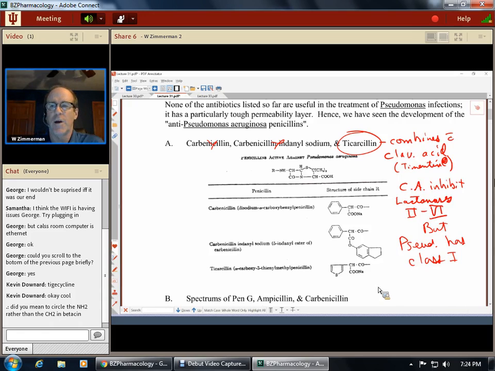So why do they bother putting clavulanic acid in there? Because these drugs are used for a lot of gram-negative aerobes. It's not just Pseudomonas. So clavulanic acid is not helpful for Pseudomonas aeruginosa.